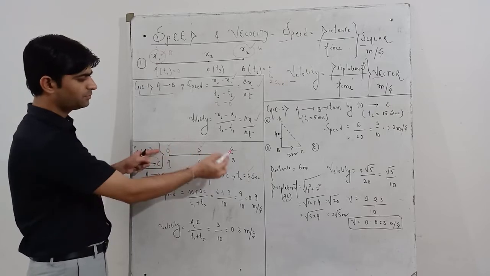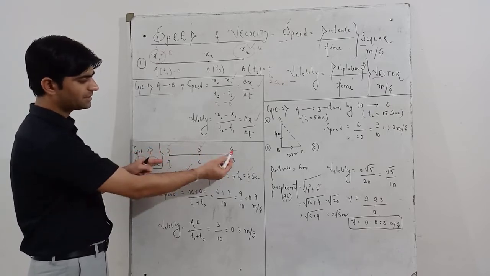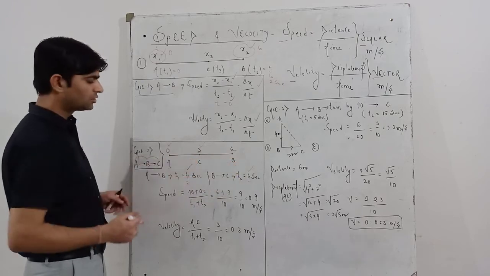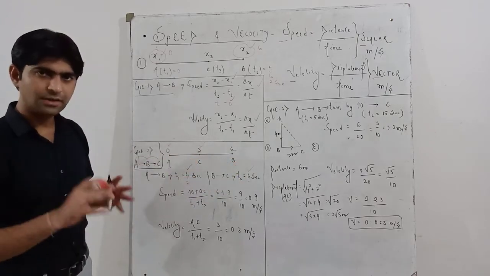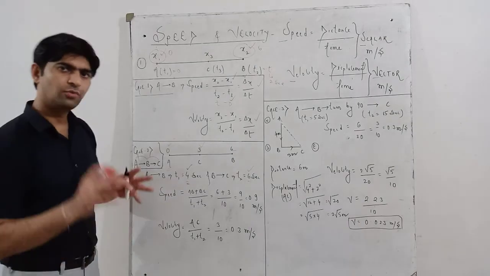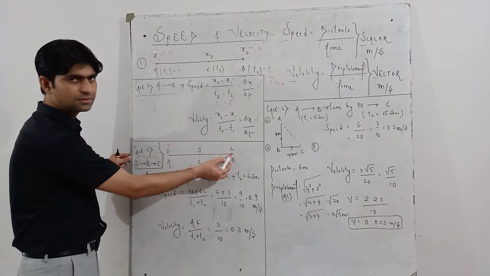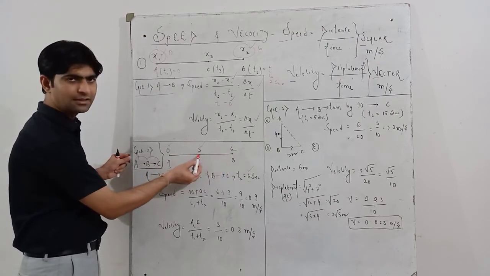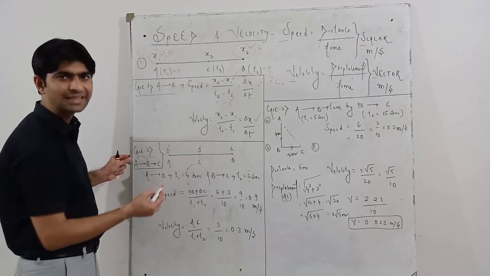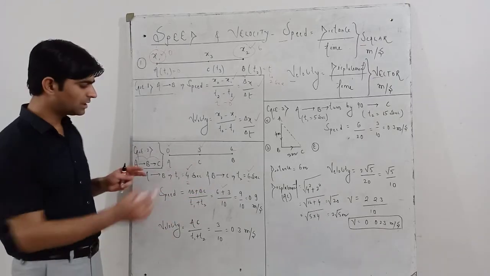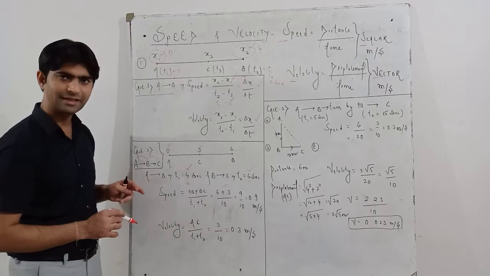That means from A to B it is 6, and from B to C it is 3. So what will be the total distance for path A to B to C? 0 to 6, that is 6, and 6 to 3, that is 3. The total distance becomes 9. This is 6 plus 3, 9. Total time 4 plus 6, 10.